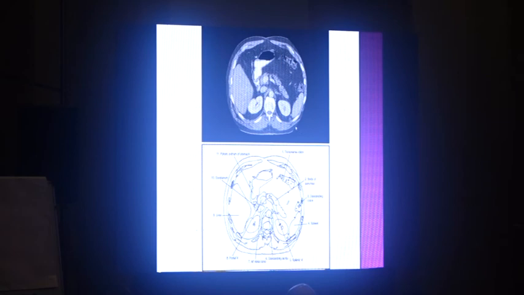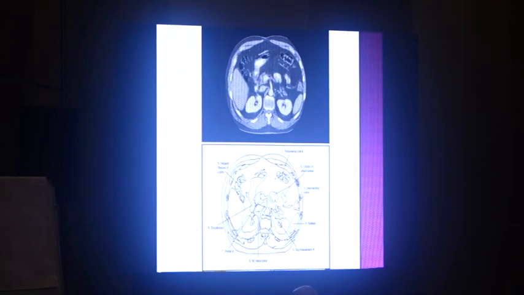These are the colon, stomach, right kidney, left kidney. Next. Now we can see the remnant of the spleen. We can see that the spleen is disappearing.